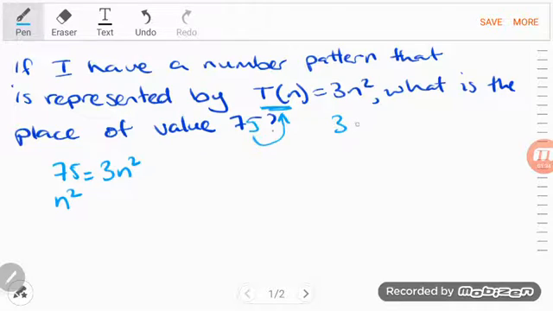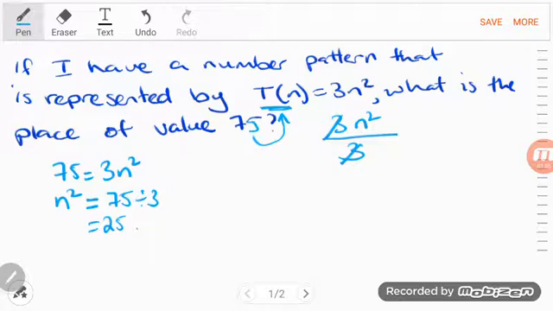So if I show up here, 3n squared divide by 3, 3 divided by 3 is going to equal 1. 1 times n squared is going to be n squared. So we're going to say n squared is equal to 75 divided by 3, which is equal to 25.